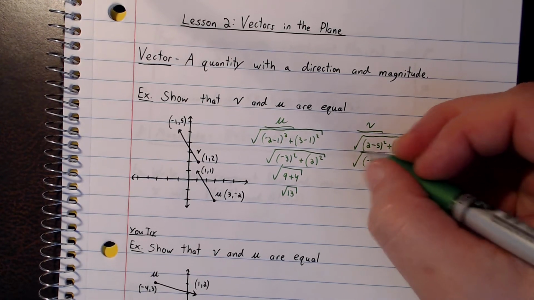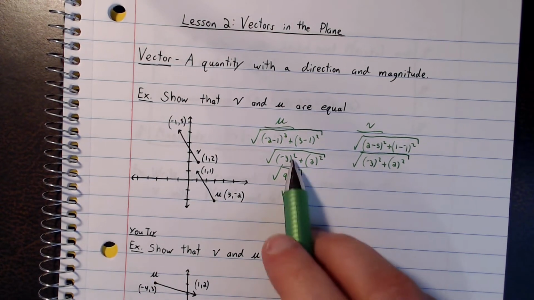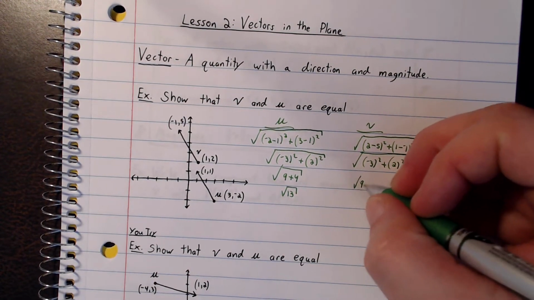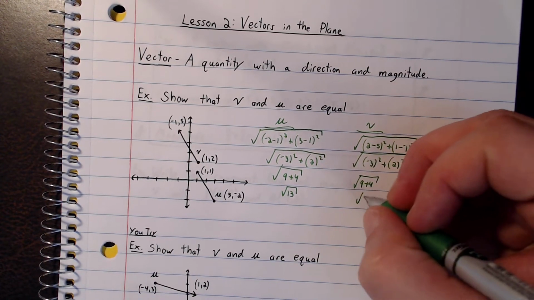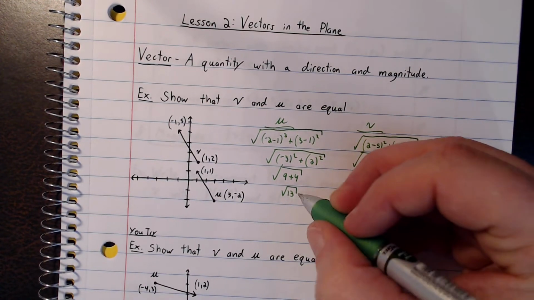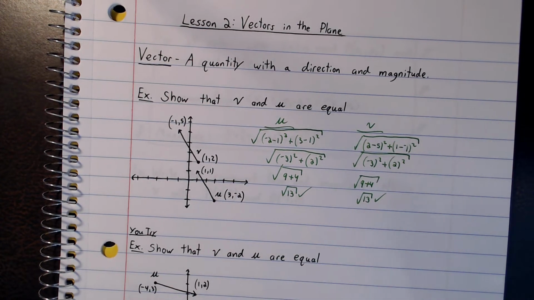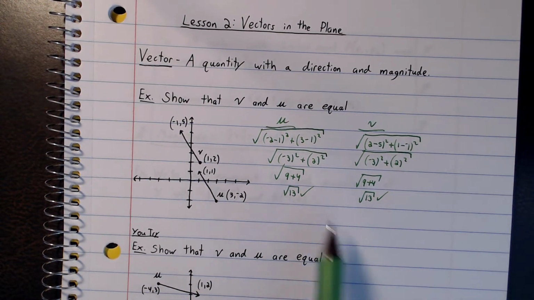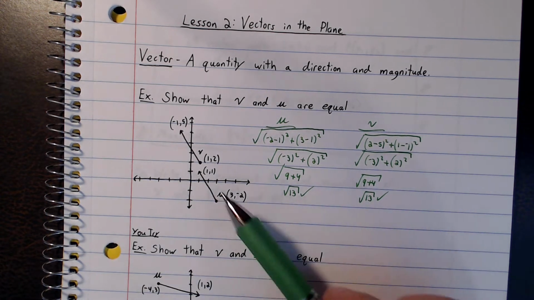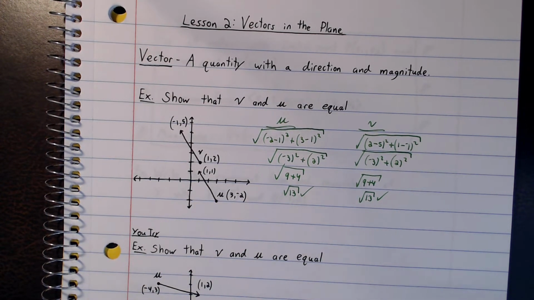I can already see it, and I'm going to get the same thing, right? I'm at the same spot where we are right now, but just to finish it off, we come up with the same thing, right? Square root of 13. So that shows that their direction, or at least their magnitude, is the exact same. Okay, and we can see that they're pointing in the same direction, so they're equal. Okay, they're equal in length.